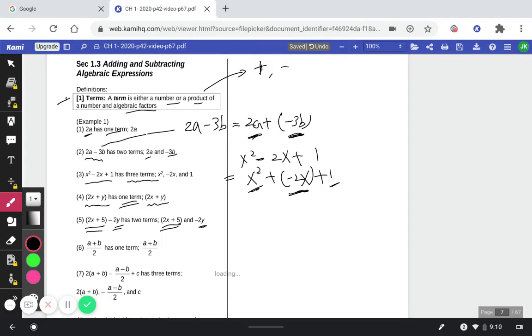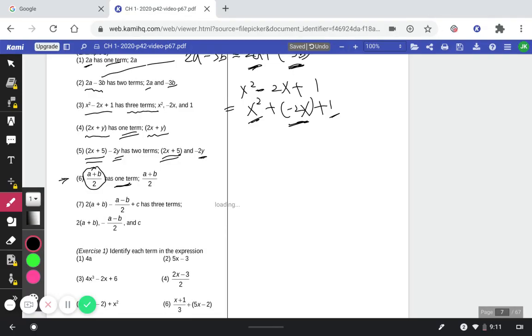Okay. A big division sign, like a line, is also a group term. So a plus b over 2 in number 6 is one term, because this whole thing is a group as one thing.